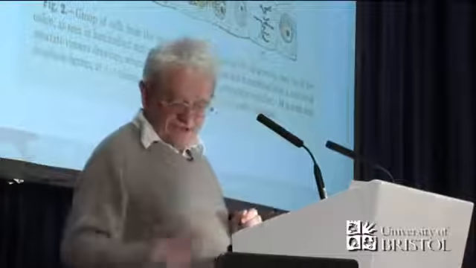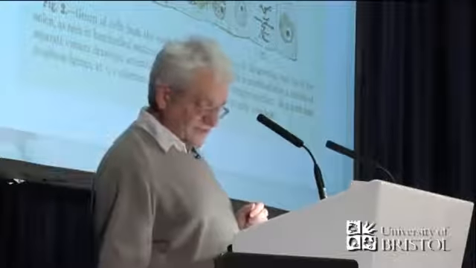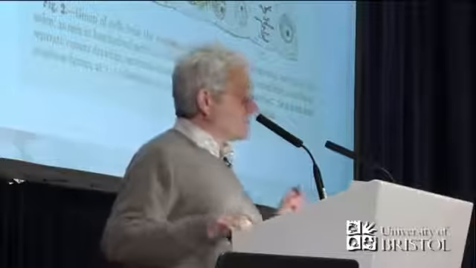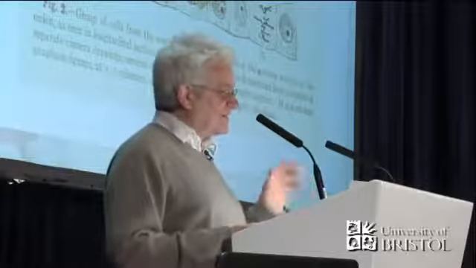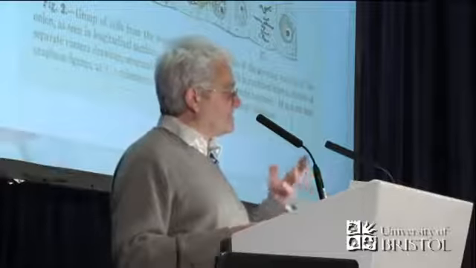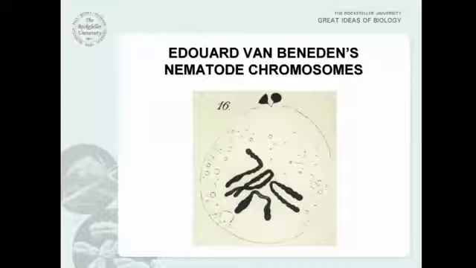And then it was discovered by another investigator called Van Beneden, working with little worms, little nematodes, which happened to have few chromosomes. And this is another example of choosing the right material to study. This nematode only has 4 chromosomes, and when it makes gametes, egg and sperm, you only find 2 of those chromosomes in the gametes.